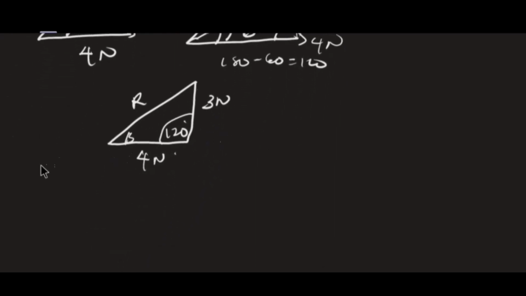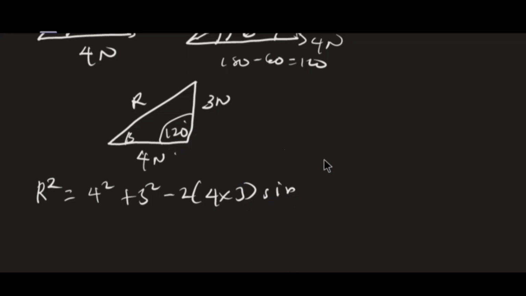So at this point, using the cosine rule, R squared will be equal to 4 squared plus 3 squared minus 2 multiplying 4 times 3 times cos of the angle between them, which is 120 degrees.